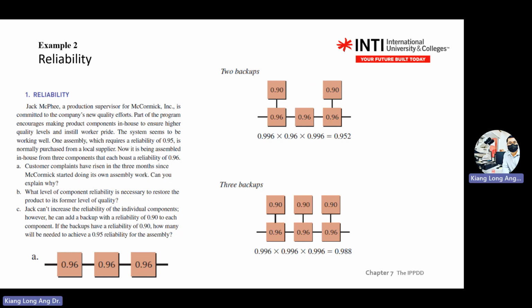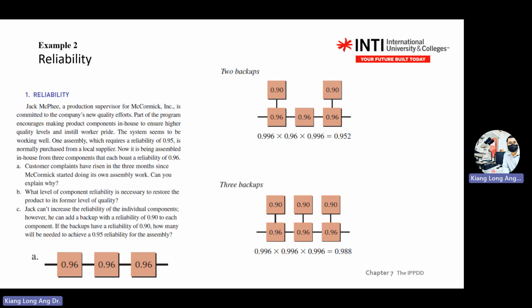So in this case, because your backups have the same number, 0.90. What if the question gives you two backup options?